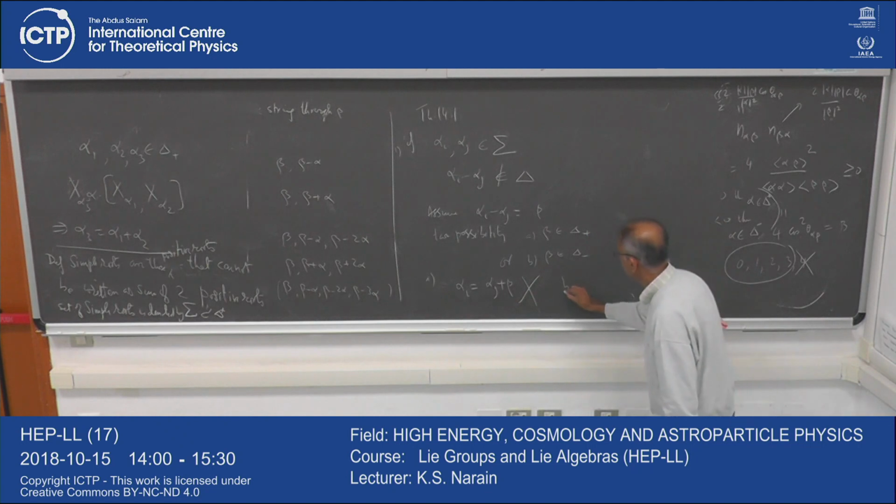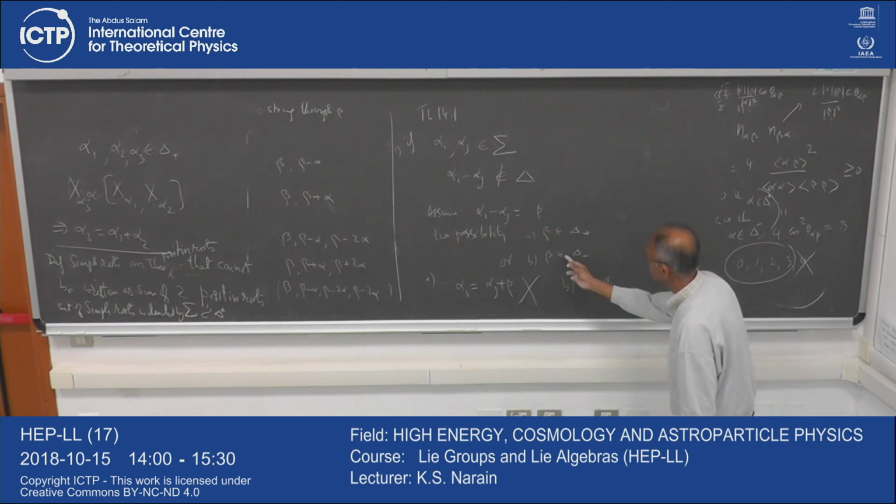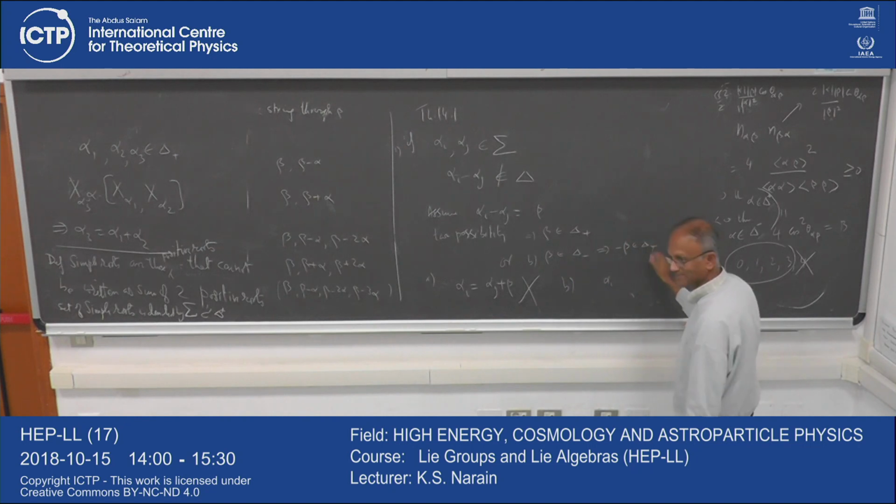And if it's B, suppose it was a negative root, beta in delta minus. Then this would imply that minus beta is in delta plus.